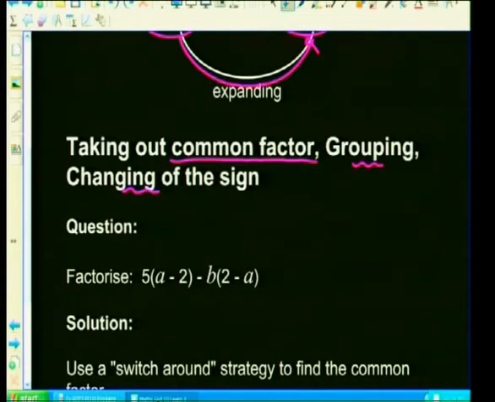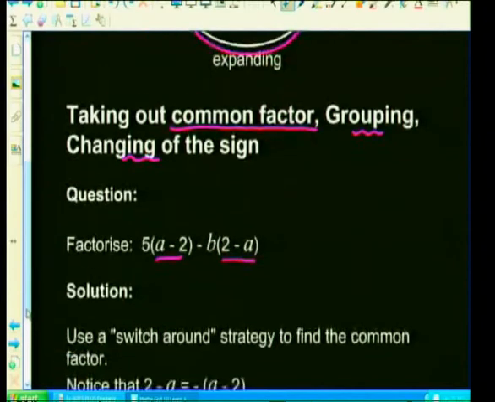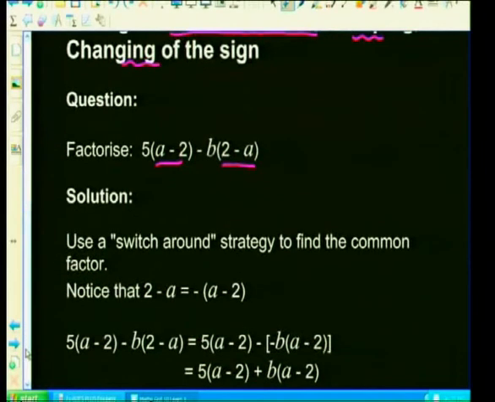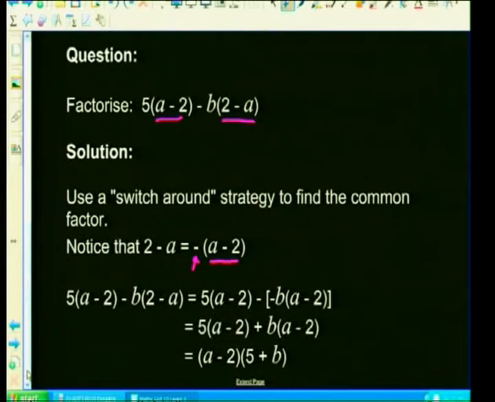Well, here we have to factorize, and what we notice is this common factor, the common bracket, is not exactly the same. So we're going to use what's known as switch around. If I switch around inside the bracket, the sign switches around outside the bracket. So essentially, and here it is typed up for us, if I do my switch around, I land up with a bracket that is exactly the same.